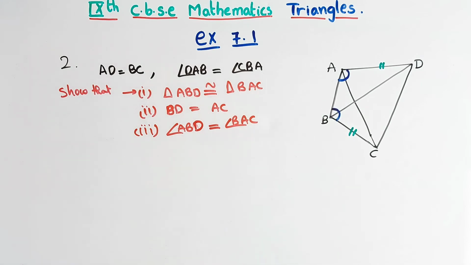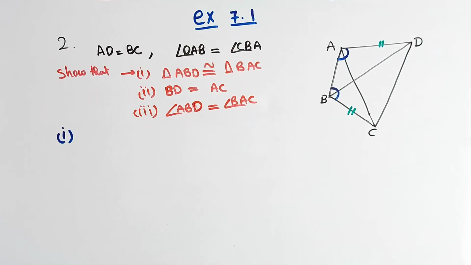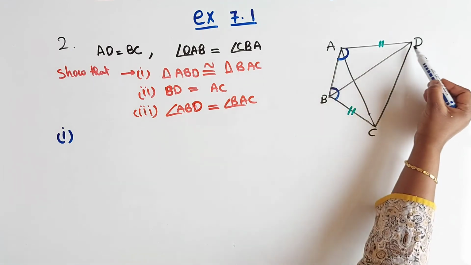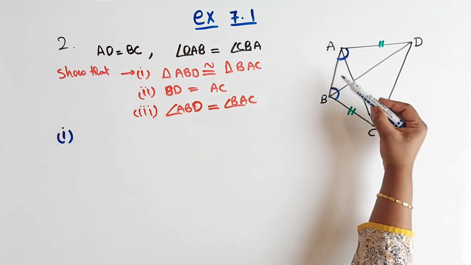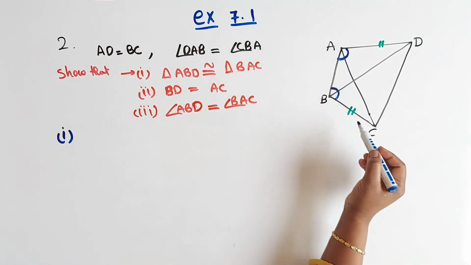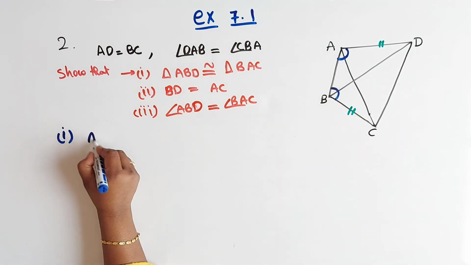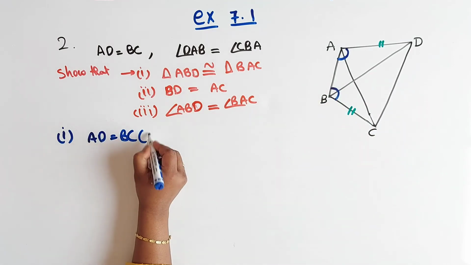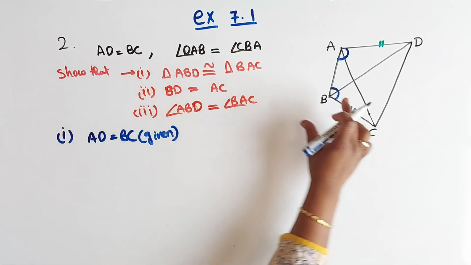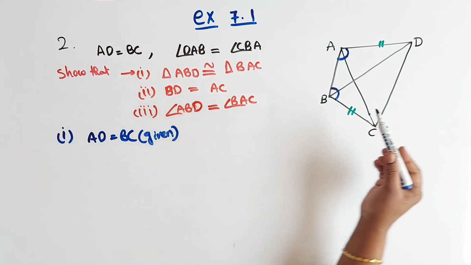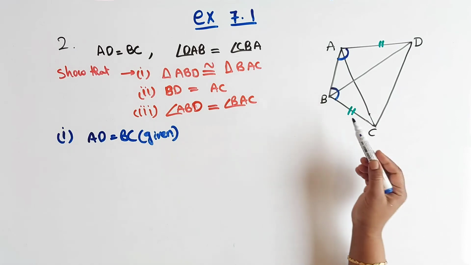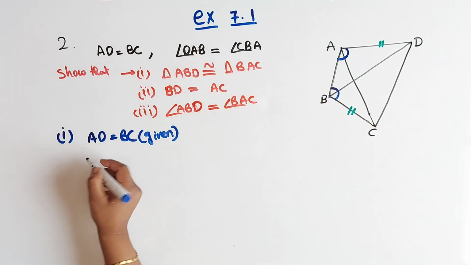For the first one, here we are comparing triangle ABD, that means this one, and triangle BAC, this triangle, right, children? So here they have already given that AD equal to BC, it is given. And angle DAB equal to angle CBA, this is also given.